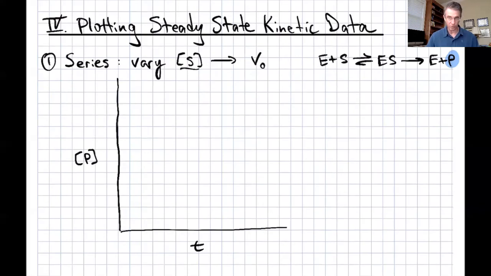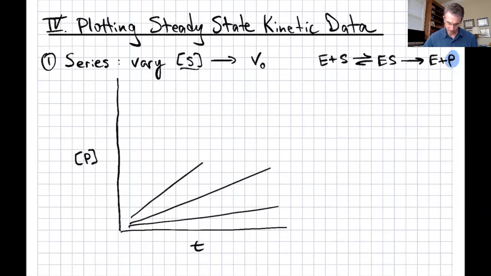What you should get, if this is working correctly, is a series of curves that look something like this. Say you do a set of experiments, right?